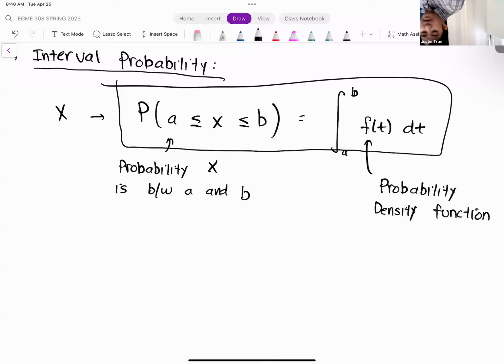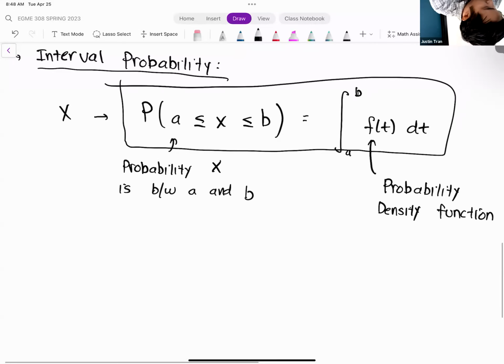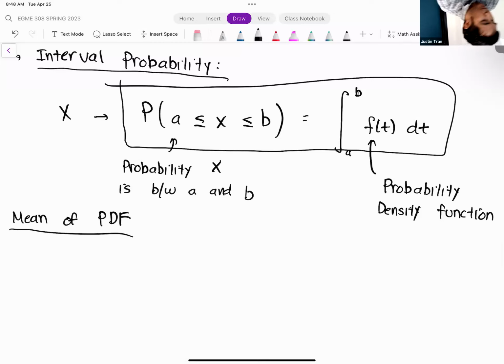We can also compute the mean and the variance from a probability density. The mean value for a PDF, we'll call that mu x, is equal to the integral from minus infinity to infinity of t times f of t.